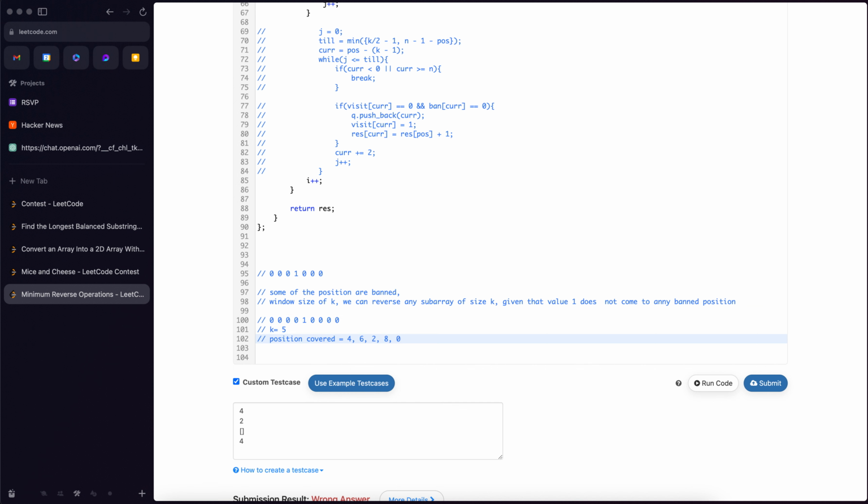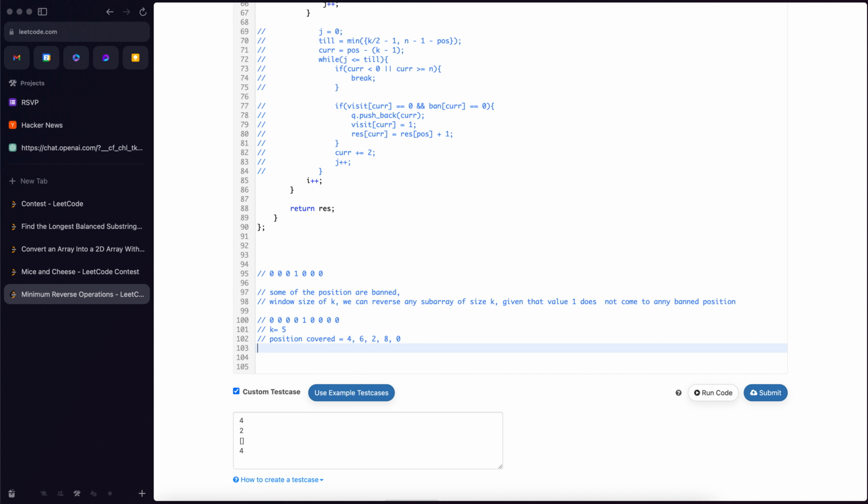So there is a clear pattern. If the initial position was 4, we covered 0, 2, and after that 6 and 8.